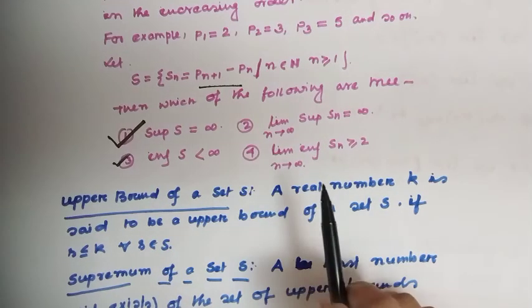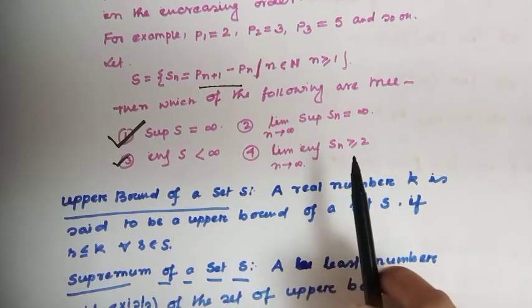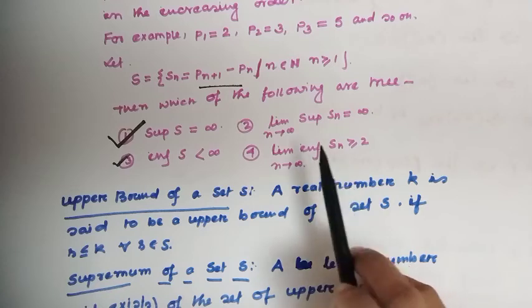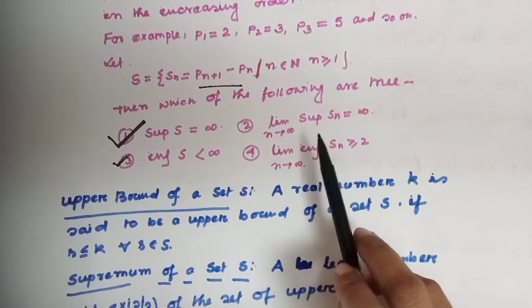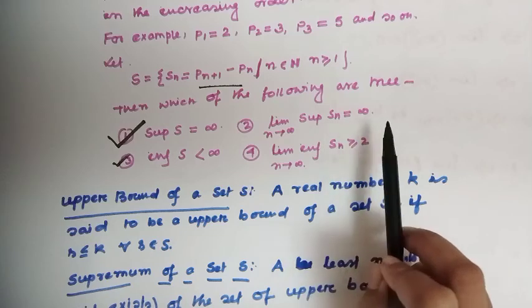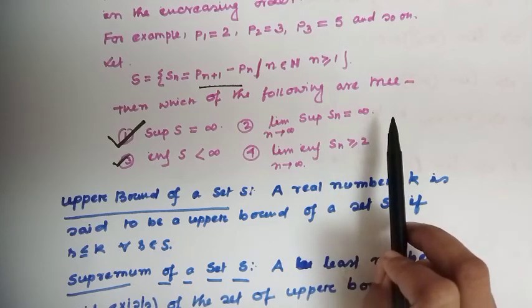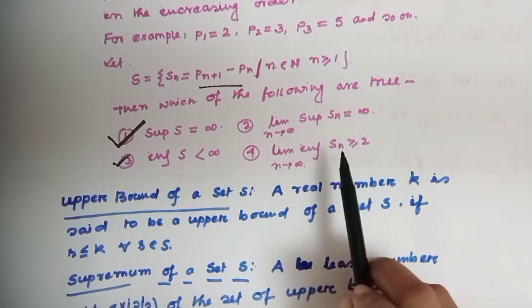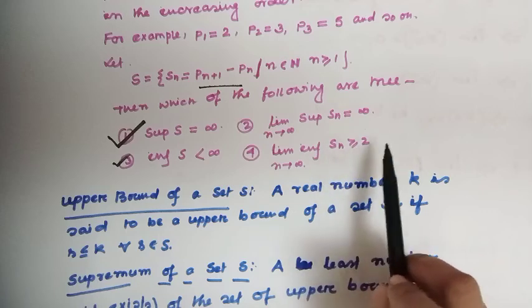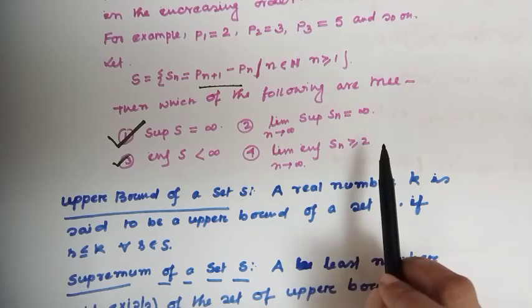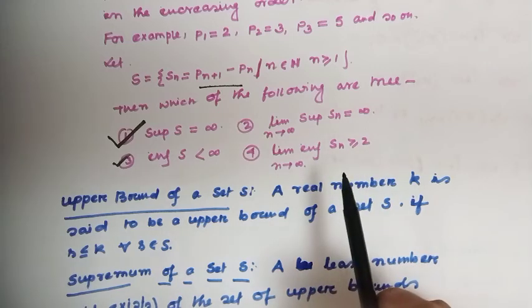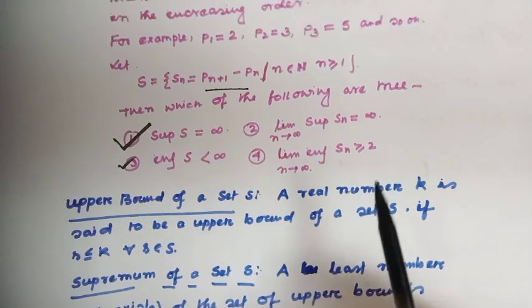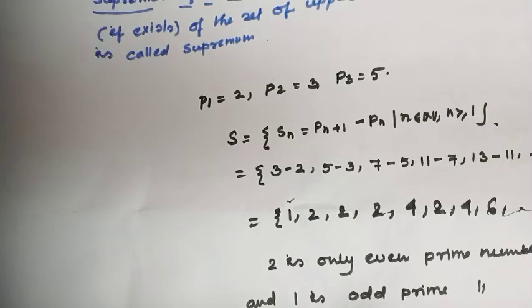Let's come back to the second option and fourth option. The second option is limit supremum of S_n equal to infinity, and the fourth option is limit infimum of S_n greater than or equal to 2. At first, look at the fourth option. What is the limit inferior of the set S?